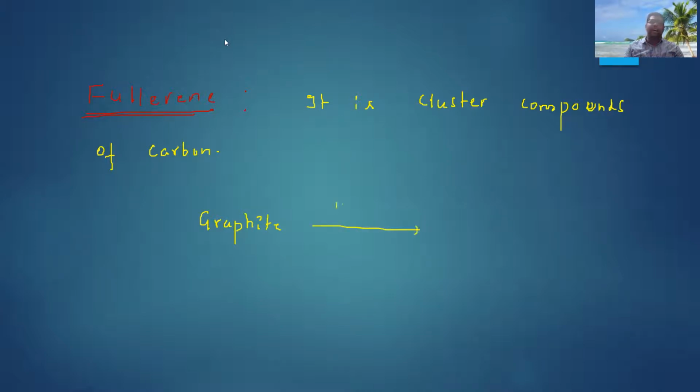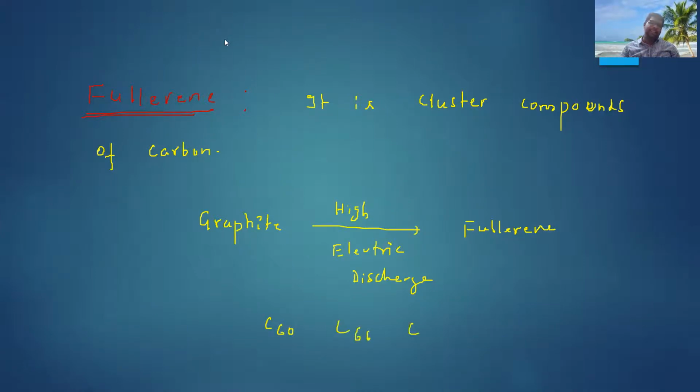Graphite undergoes high electric discharge to form fullerene, like carbon 60, carbon 66, carbon 70, carbon 76. Fullerene is mainly carbon 60. Carbon 60 is also known as fullerene.